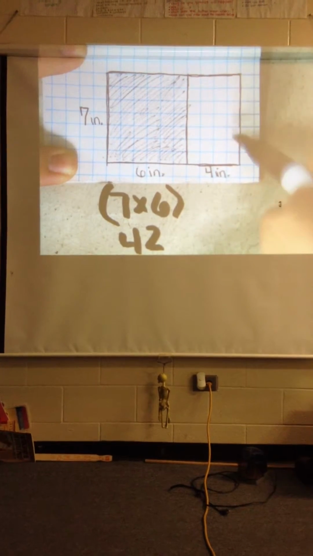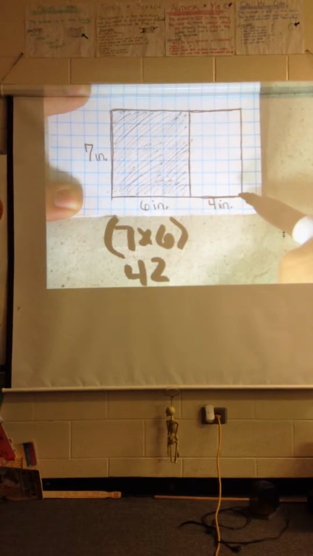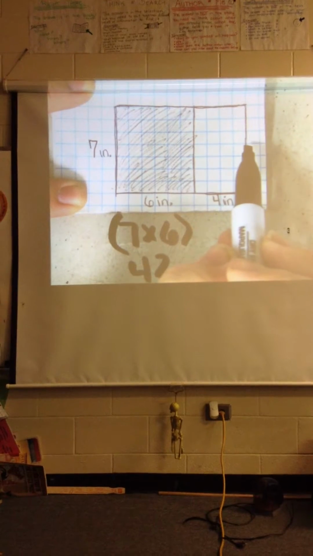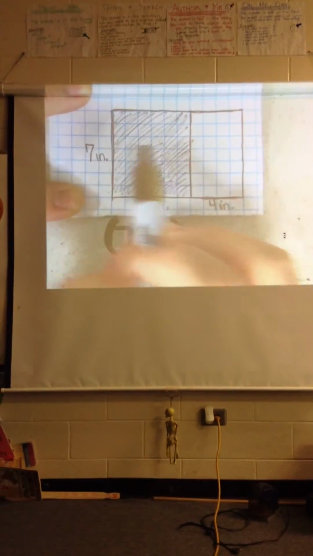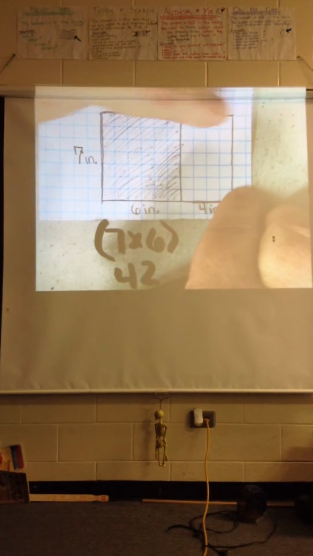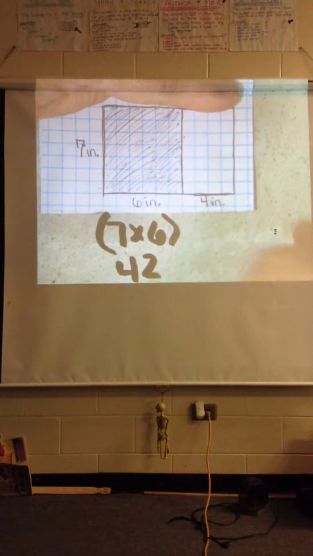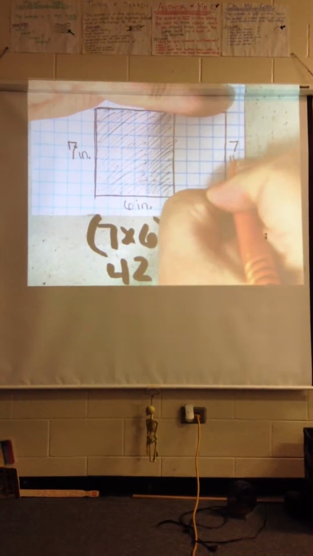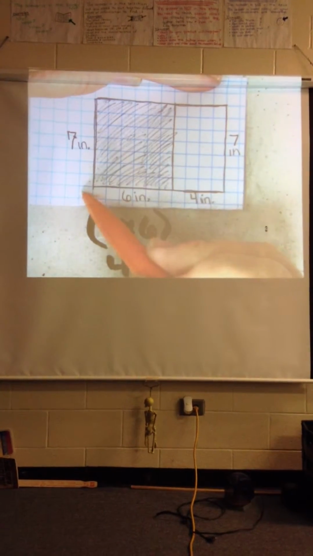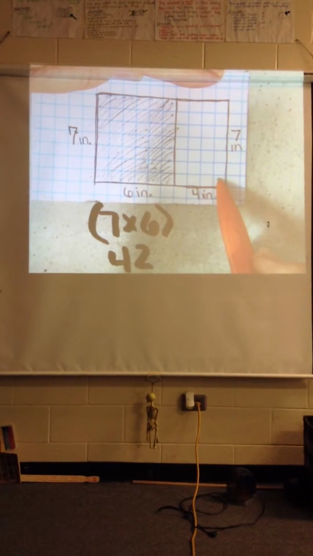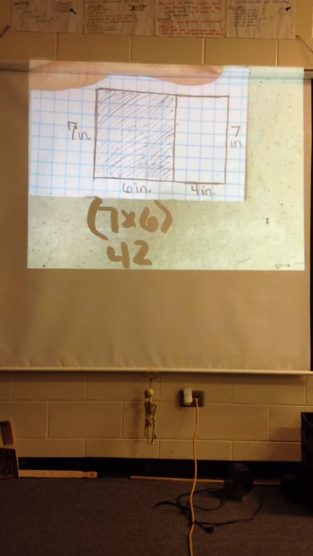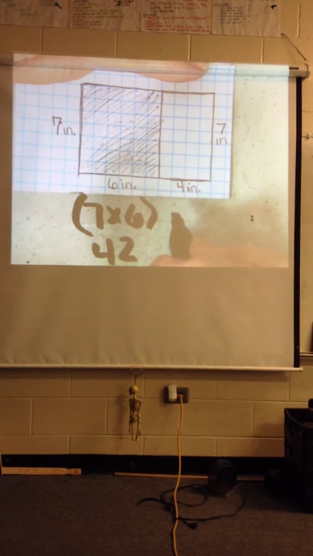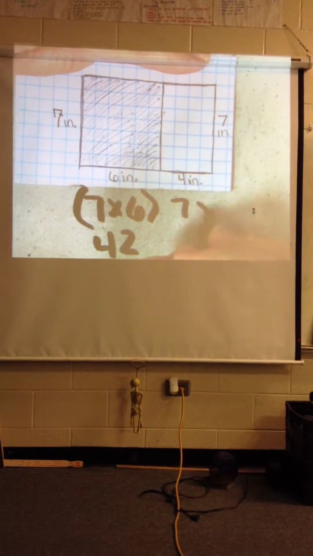Well, it's tiled, so I can go ahead and count it, or I can remember that we just said opposite sides of a rectangle are equal. That means I should go ahead and label this side of the rectangle as 7 inches. If this side is 7, this side is 7. So now I can do the formula for this rectangle, the unshaded part. And that would be 7 times 4.